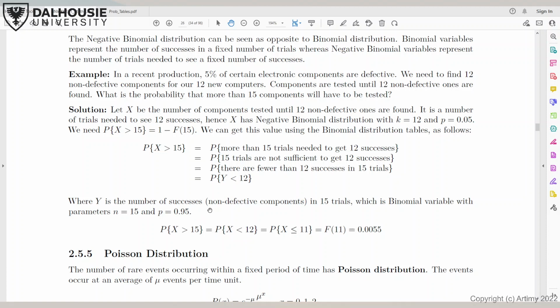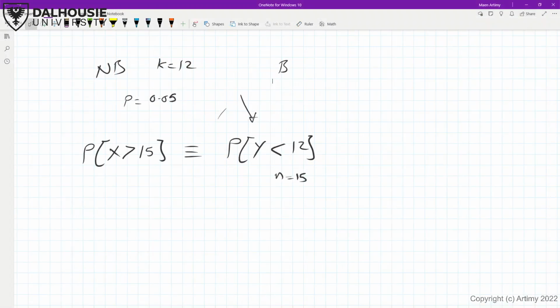Oh, what I missed is that now we flipped also the probabilities. Instead of having p as 0.05, we're looking for the opposite. So now our success is considered the failure in the previous. The failure in the negative binomial will be the success in the binomial. So p is changed into 1 minus p.